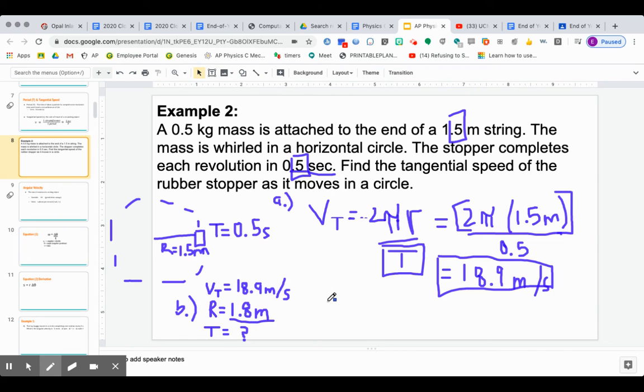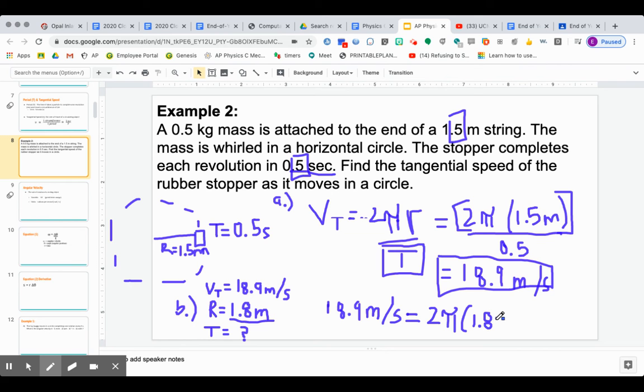So I'm going to take 18.9 meters per second and set that equal to 2 times pi times our new radius, which is 1.8 meters.